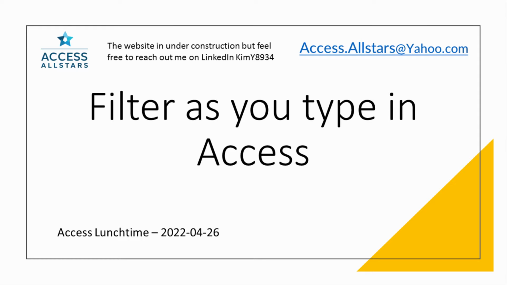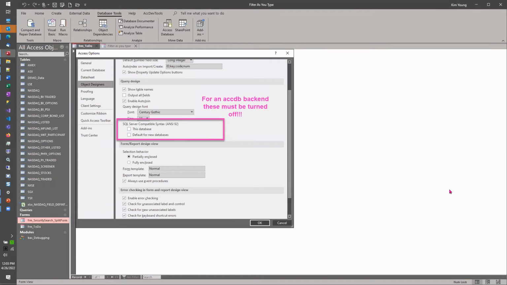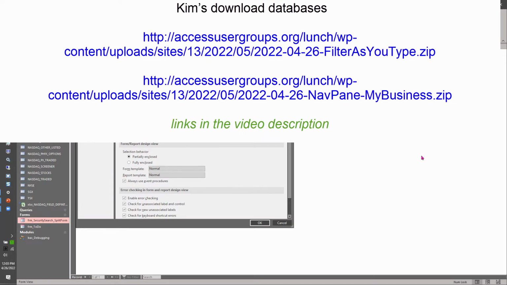So we're going to get started. I'm going to show you the filter as you type application. Both of these applications that I'm going to show you today, I will give to Maria, and I believe there's somewhere, Maria, that you put those so they can download them and look at them themselves. That is correct.